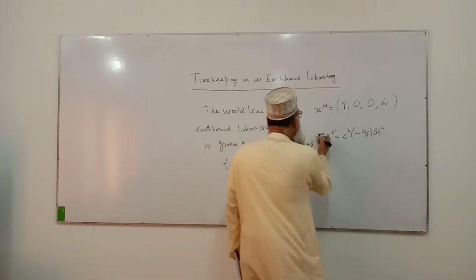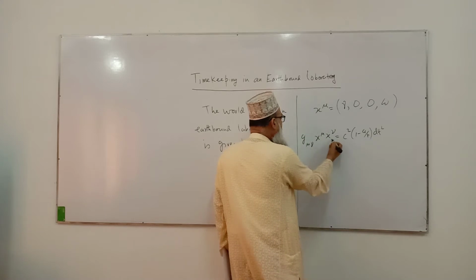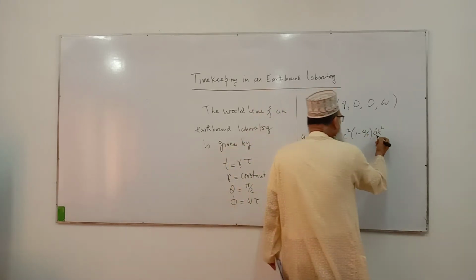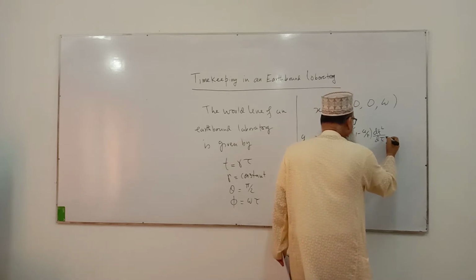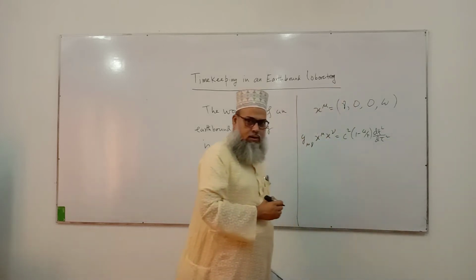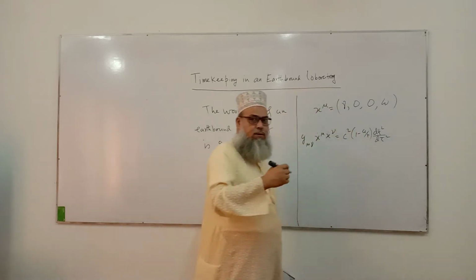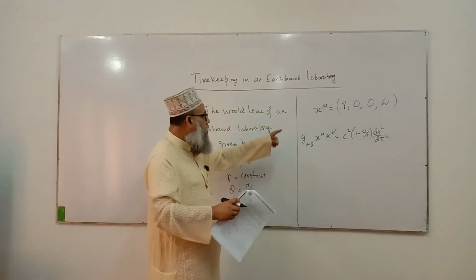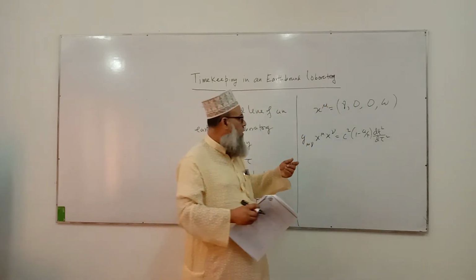But here is a dot, so it is divided by d tau square. Then comes dr square divided by 1 minus a by r. But dr is 0, so none.